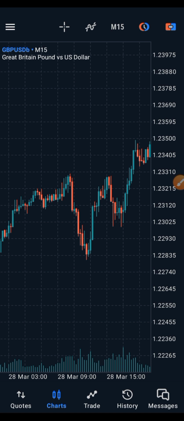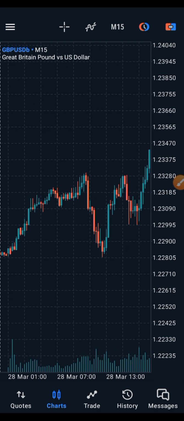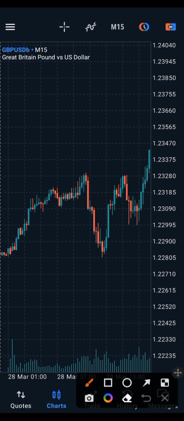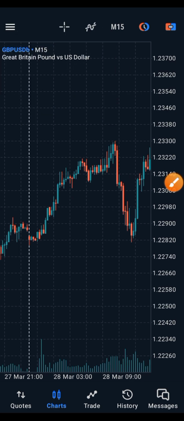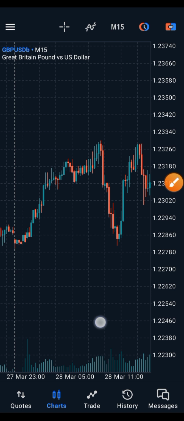So now I want you to understand that every pair you are trading determines the session you start with and the session you end with. Now for this, I'm trading GBP USD. If you say it's GBP USD, I'm basically going to be trading GBP USD that day. On GBP USD, it means that I'm trading the pound against the dollar.